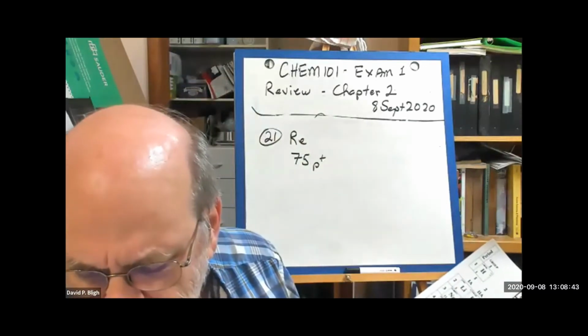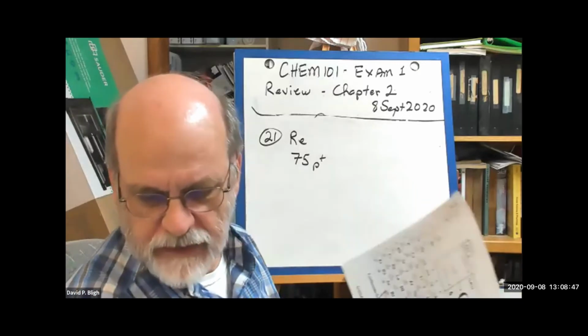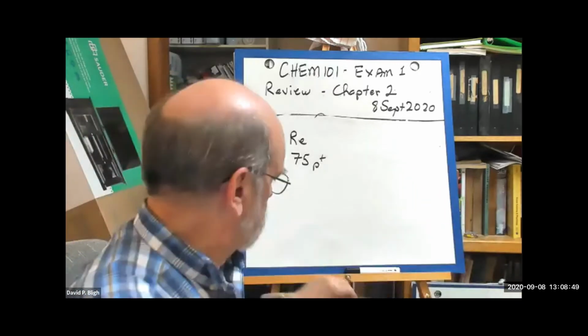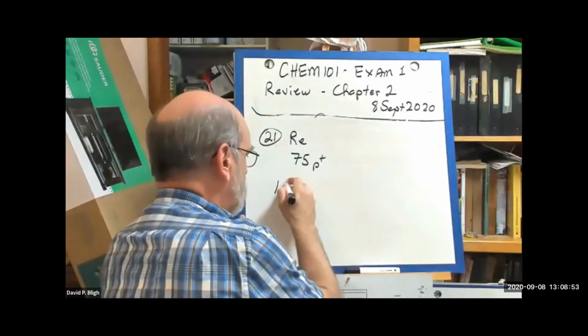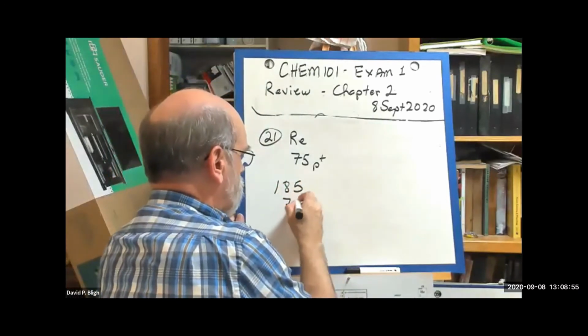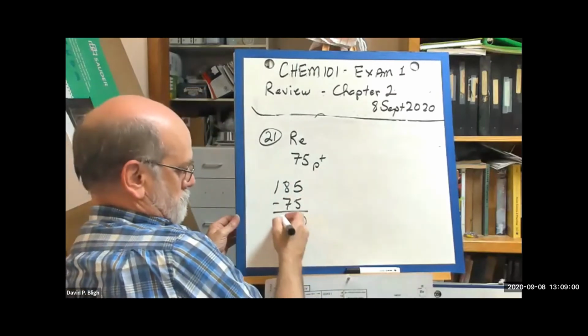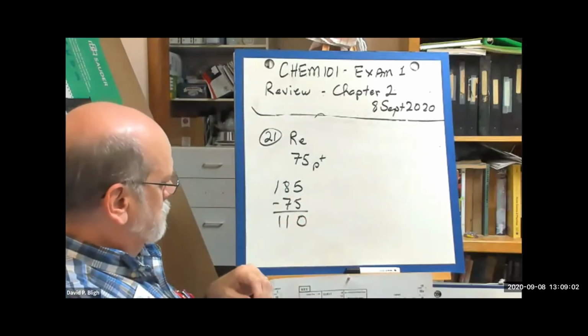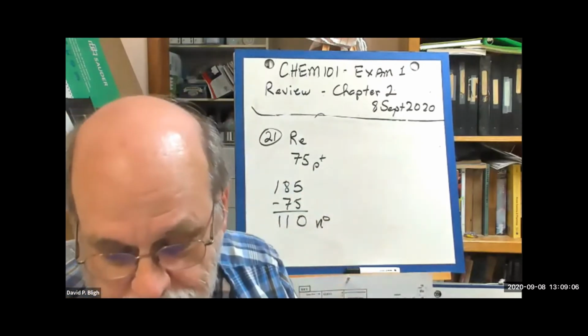And we're looking at 185 in its nucleus. 185 mass number. 110 neutrons, right?